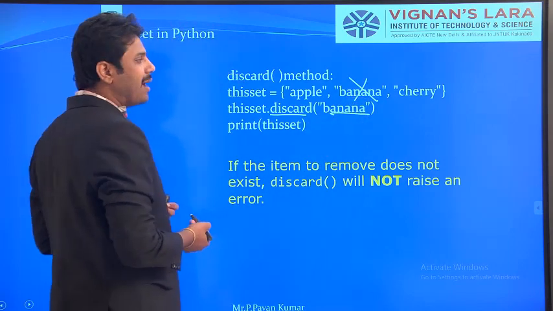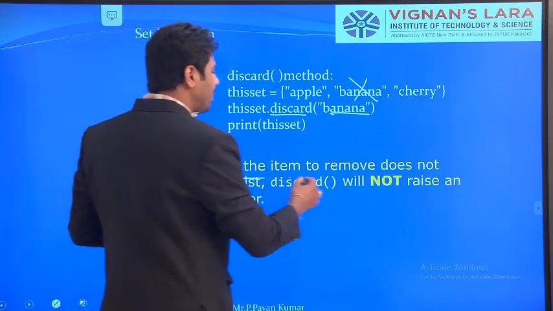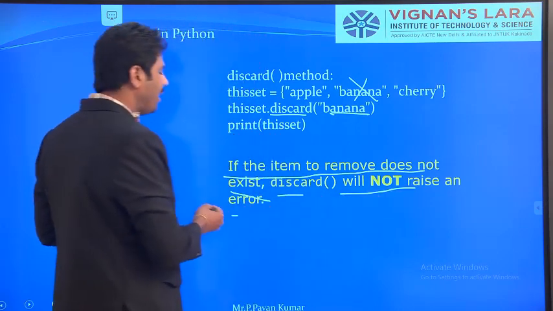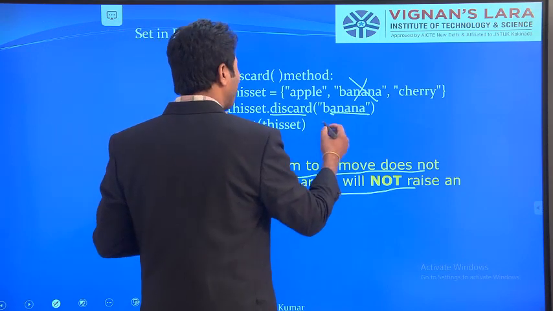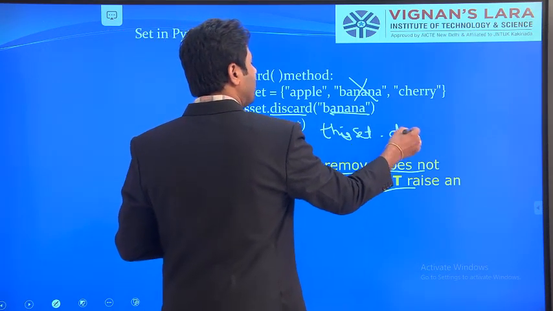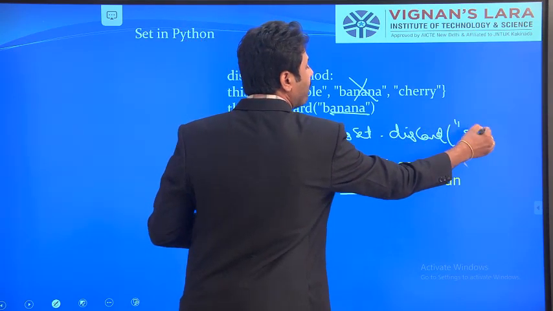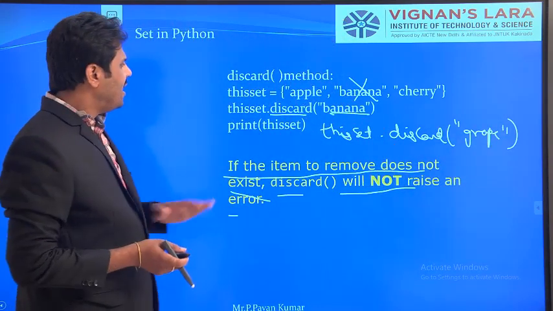But if the item to remove does not exist, discard will not raise any error. For example, if I write a statement, this set dot discard grape.